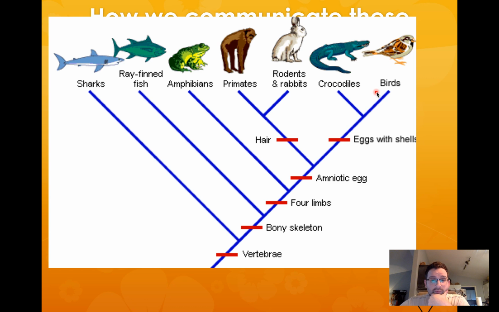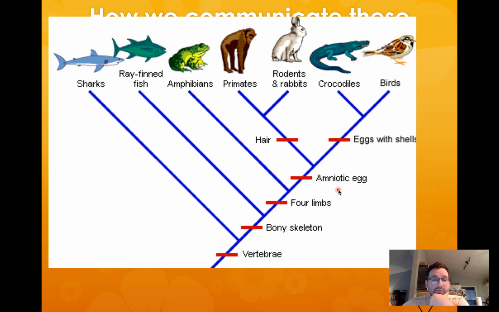Crocodiles and birds are more closely related than birds and, say, primates. Right? You can trace their common ancestors. So crocodiles and birds, their common node or common ancestor is right there, whereas birds to primates, their common ancestor is back here. Birds to sharks is all the way back here, right?